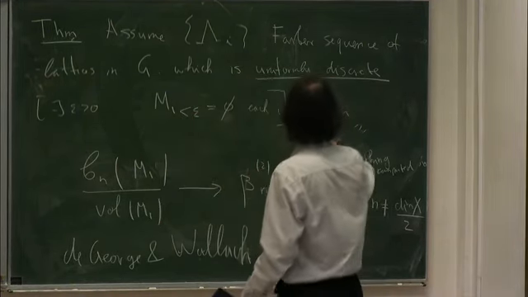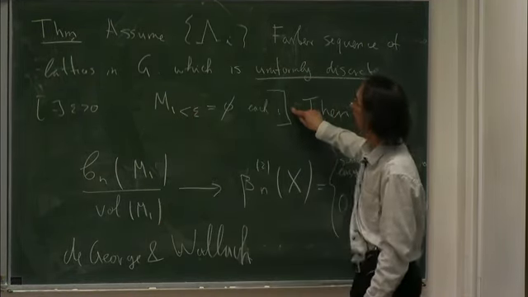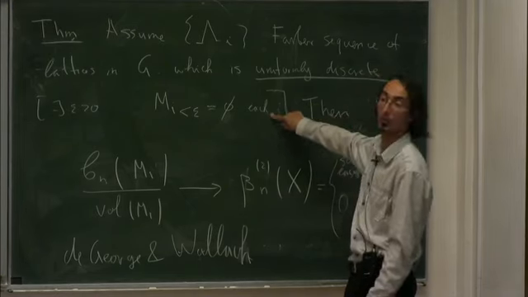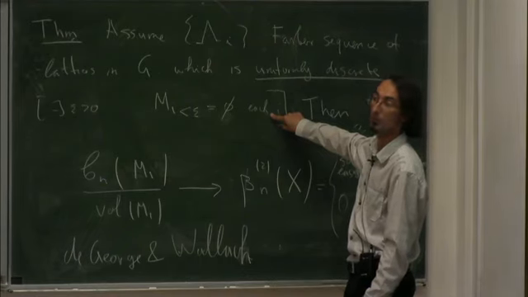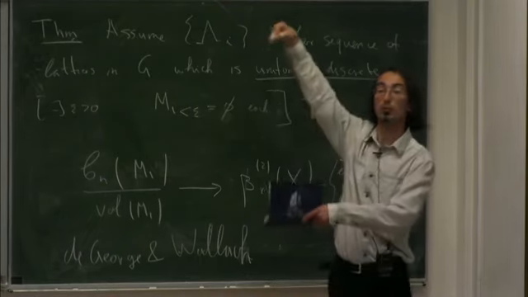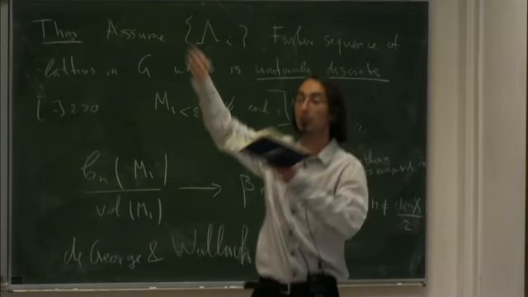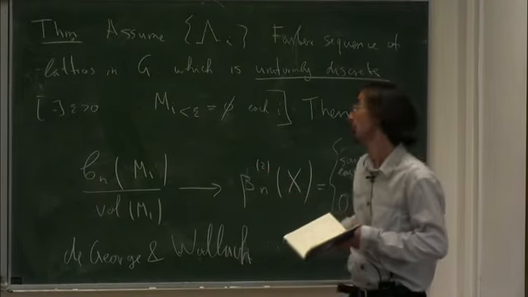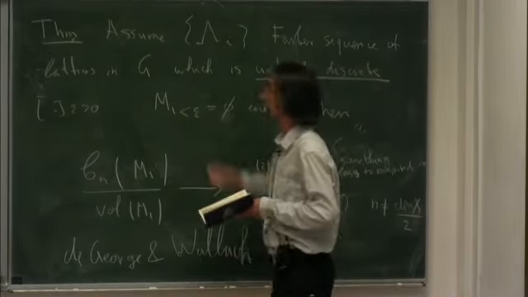In this case, if you take a sequence of finite index subgroups in a given cocompact lattice, then this is automatic because this epsilon will be the injectivity radius of the original lattice. So any cover of it will have bigger injectivity radius, so you're never going to contradict this.